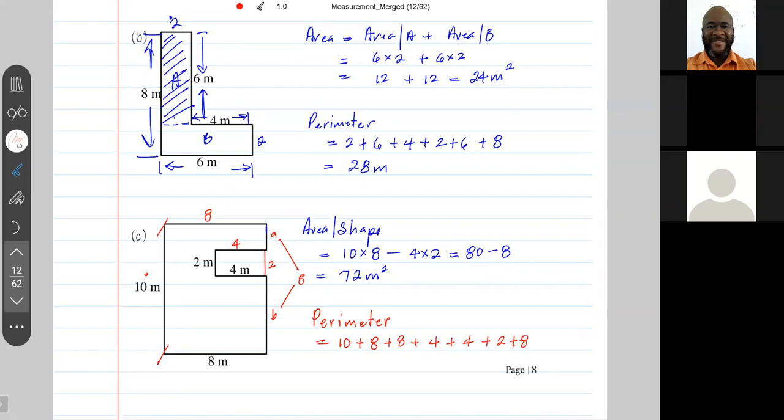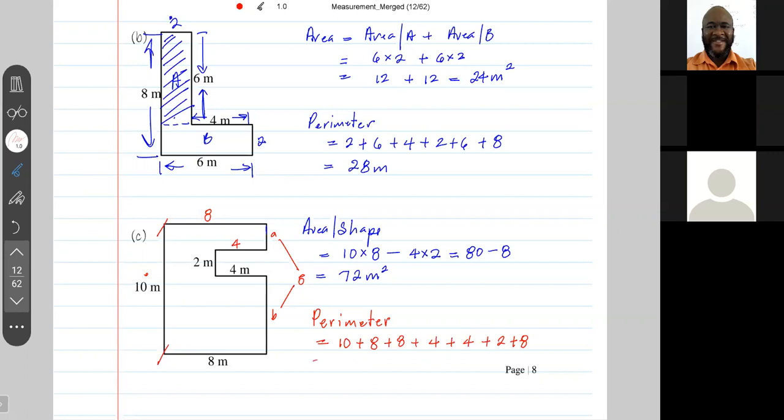Please note, this 2 is not included in the perimeter, because perimeter is distance going around. So if you're going around the shape, it's 10 plus 8 plus the A and B, which is 8, plus the 2 4s and the 2, and then another 8.